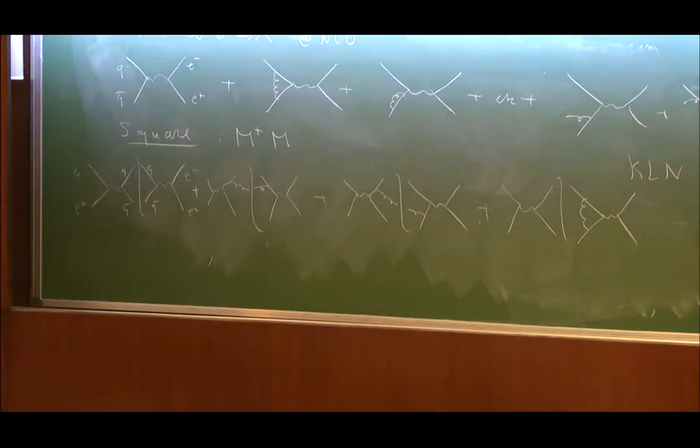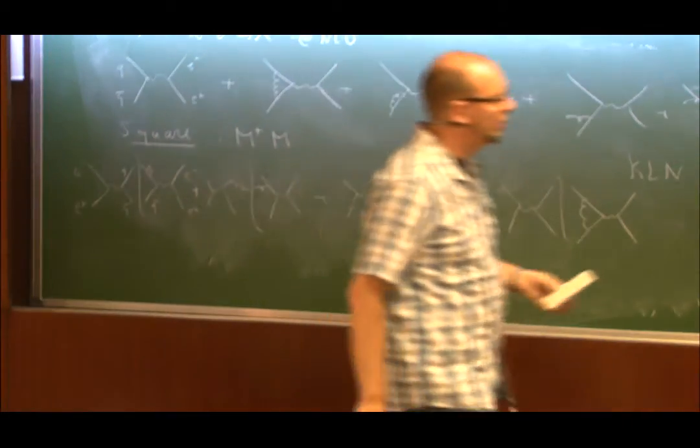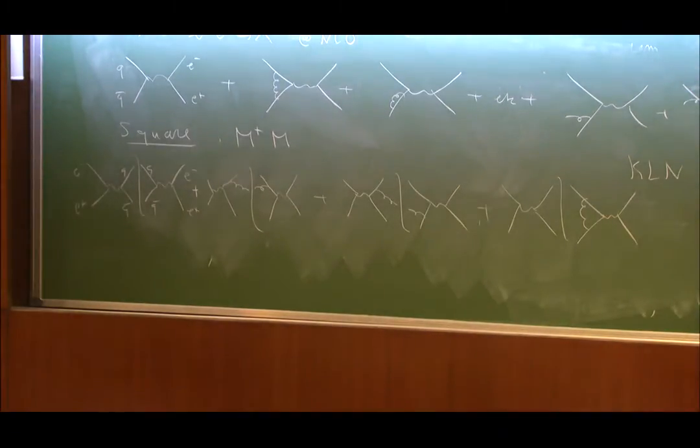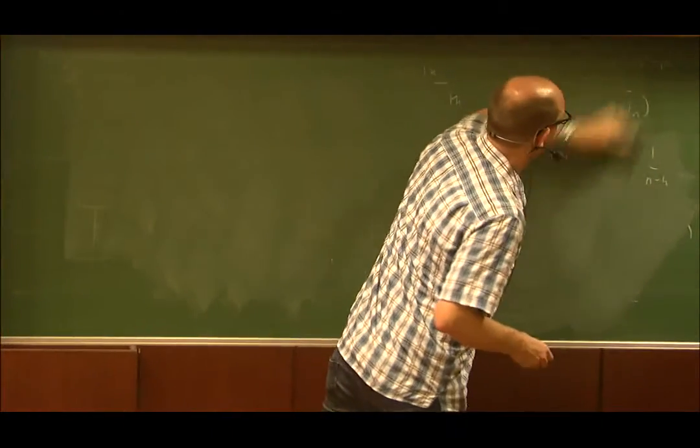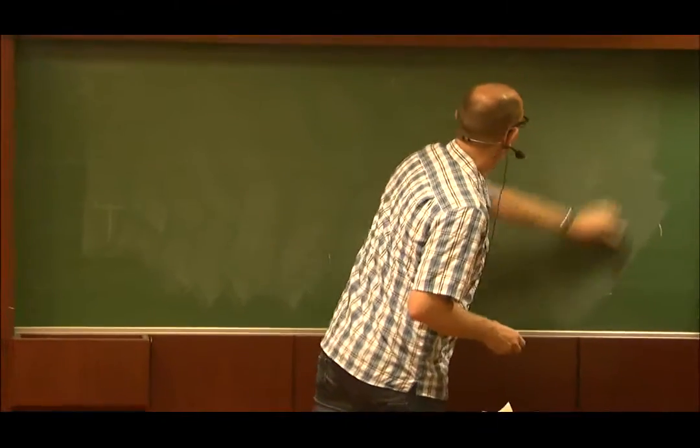So, but it's a bit boring if we only could do final total cross-sections. Is it also true if we look at less inclusive cross-sections with a bit more structure in the final state?